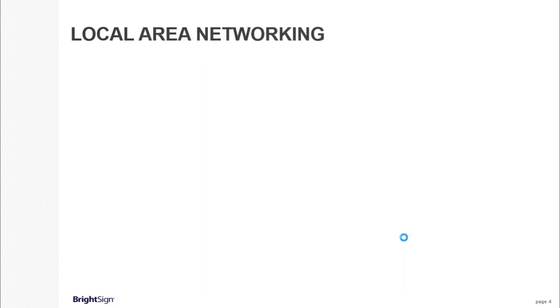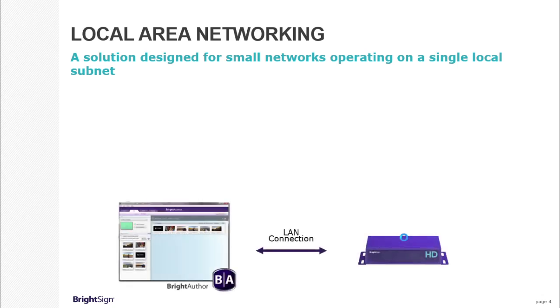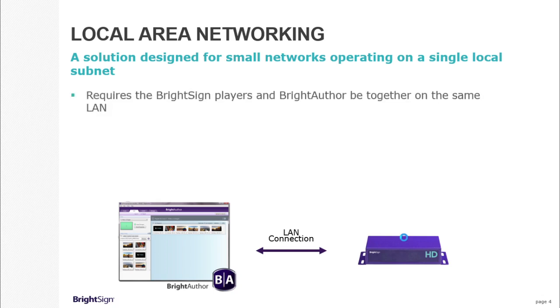Local area networking is the method that's used to publish over a local area network from BrightAuthor directly to the player. No server is required, no middleware, no other software or services are needed. Simply a model player with a network connection and a copy of BrightAuthor. You need to be together on the same local area network.